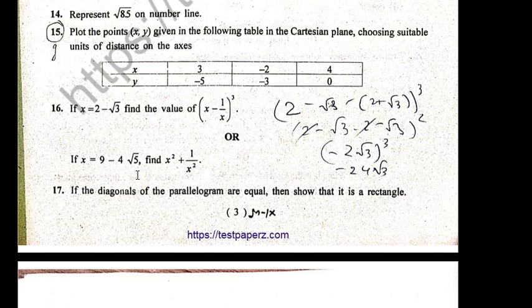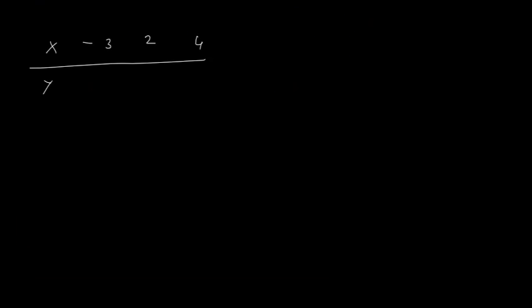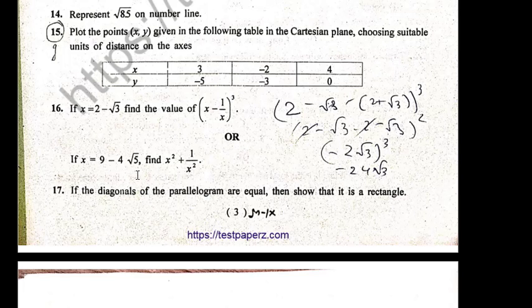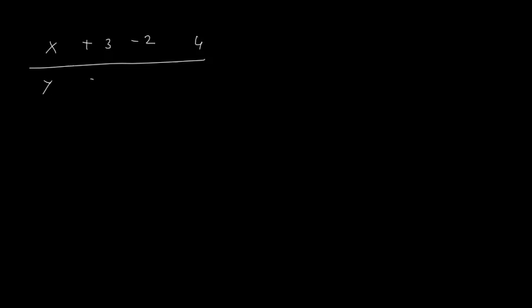For x we have 3, minus 2, 4, and for y we have minus 5, minus 3, 0. We have to plot it on the plane.